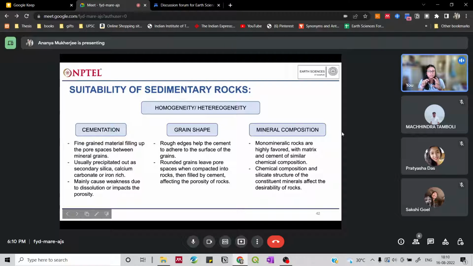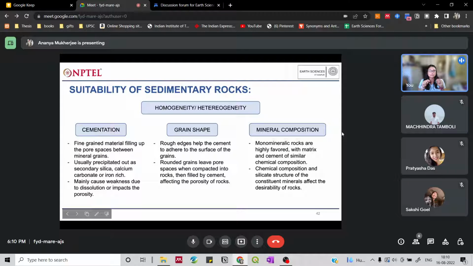Heterogeneity is caused in a rock due to the occurrence of different kinds of minerals, or differences in grain sizes and grain shapes. A few of the factors which control this homogeneity or heterogeneity of rocks: the first one is cementation. What is cement?